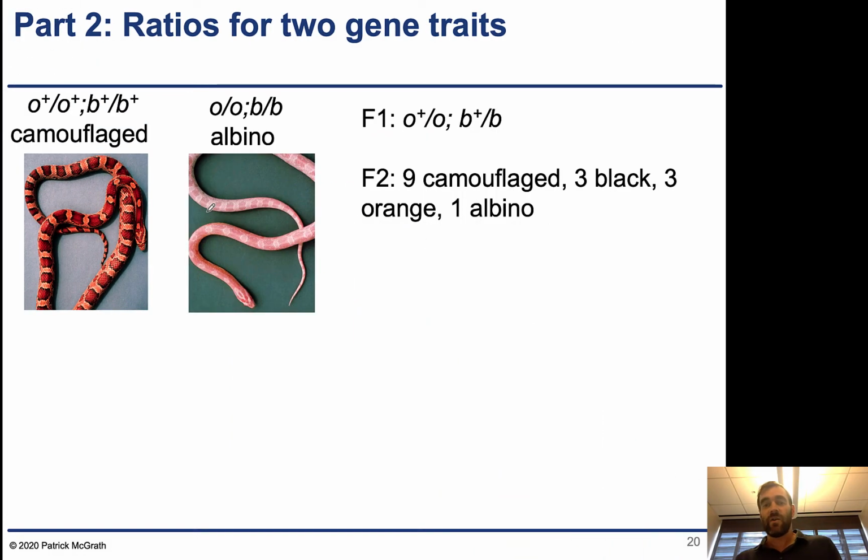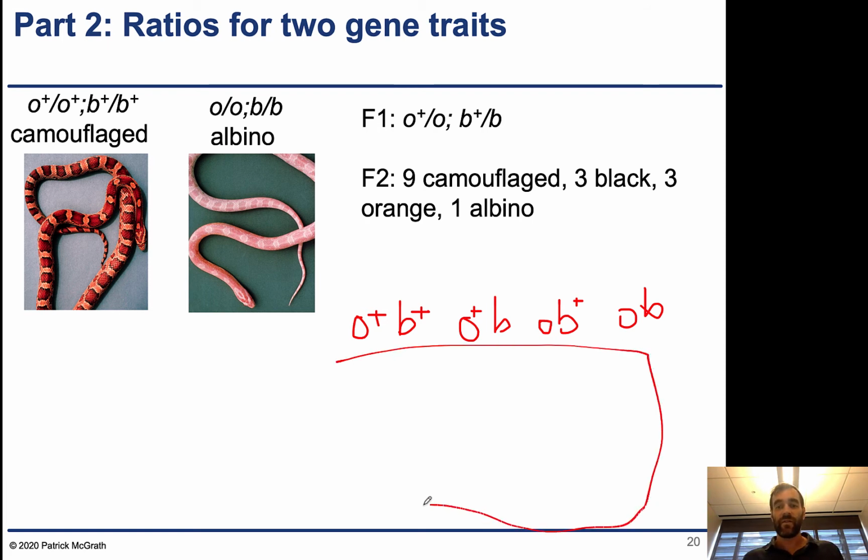So what happens now if I intercross these individuals? Again, this individual can produce 4 different gametes. And then if I cross it to another individual with the same genotype, you would again have the same set.